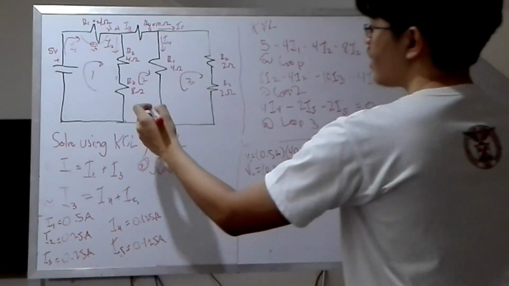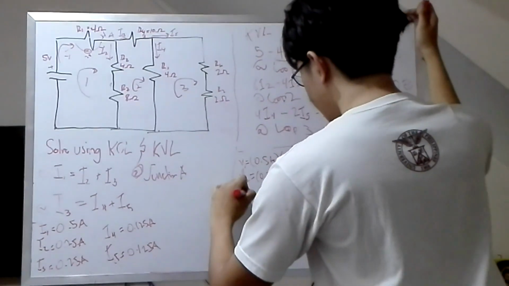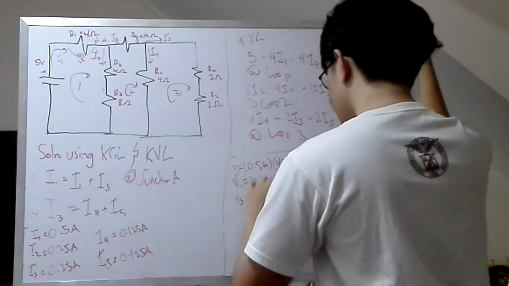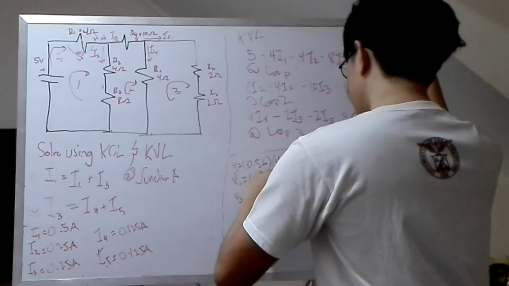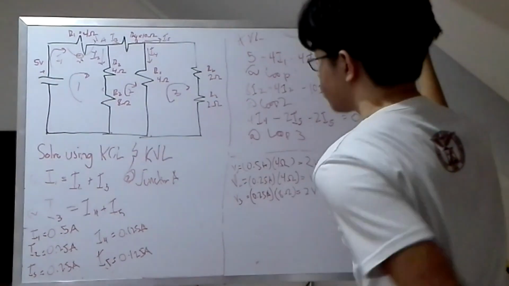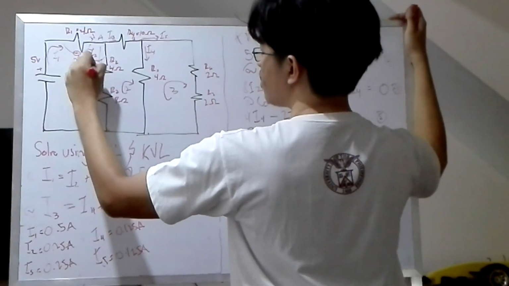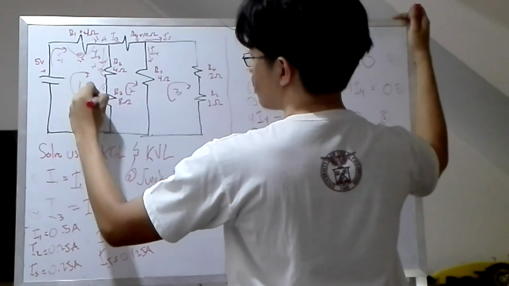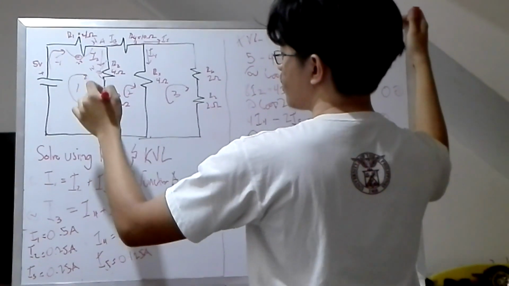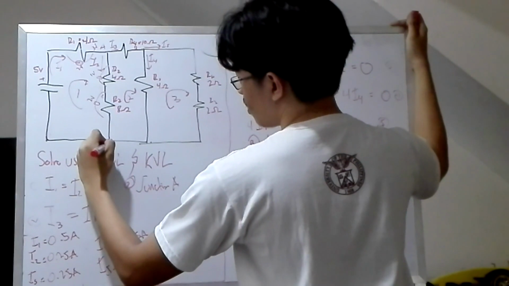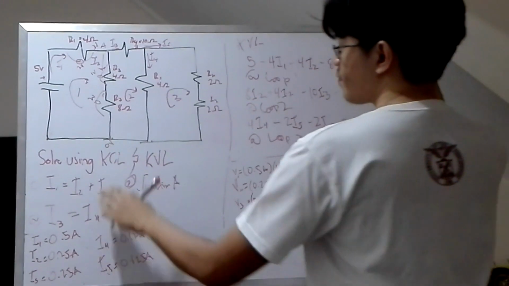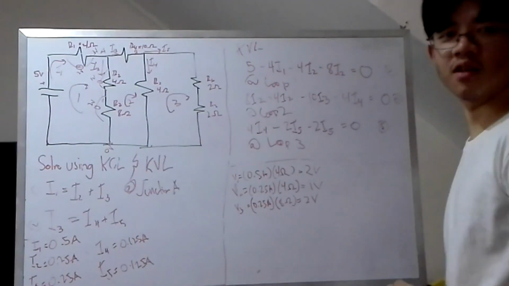And the voltage across R3 is equal to I2, 0.25 amps, multiplied by 8 ohms, in which you will get 2 volts. So 3 volts minus 1 volt minus 2 volts, we get here a potential of 0 volts, which is correct because there's nothing left.